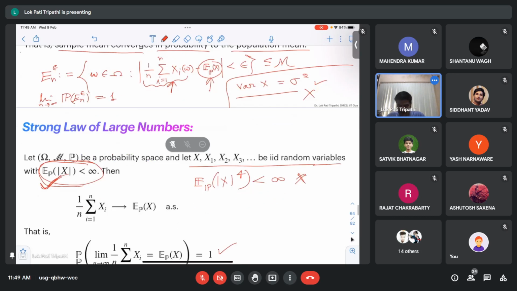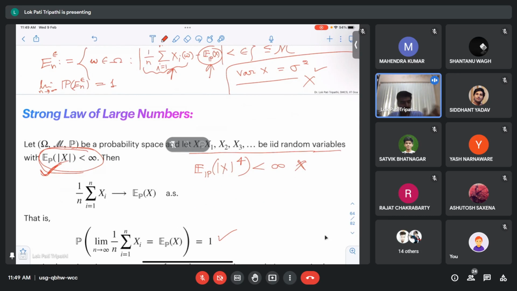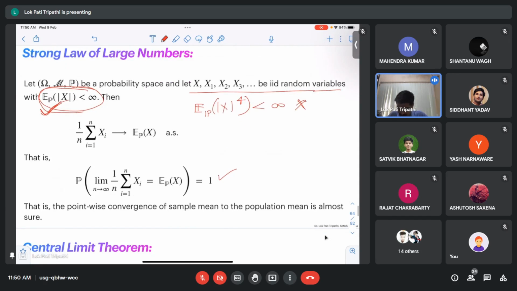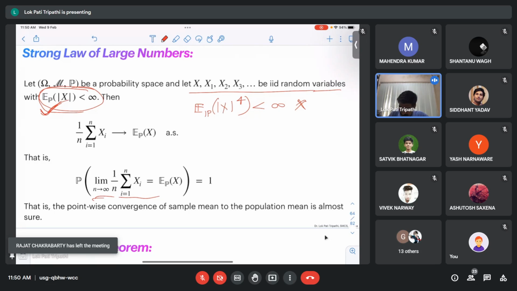Another result: suppose you know that the sample mean converges to the population mean in a certain sense; in case of strong law of large numbers, it converges pointwise almost surely. By the way, let me discuss what almost sure convergence is. So again, you write this event. What is this event?